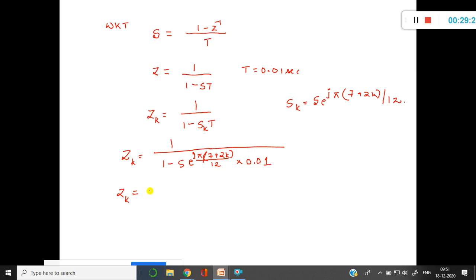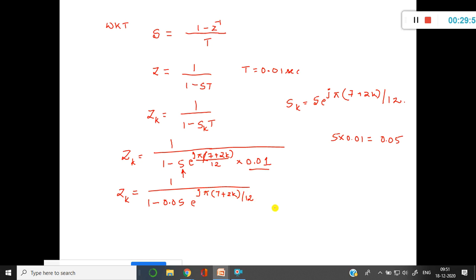So what about zk? Zk is nothing but 5 into 0.01. I perform this 5 into 0.01, so I am going to get 0.05. So I'll rewrite this as 0.05 into e to the power of j pi (7 plus 2k) divided by 12.